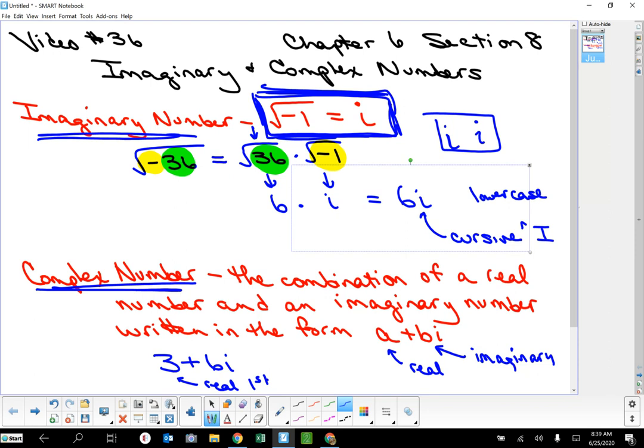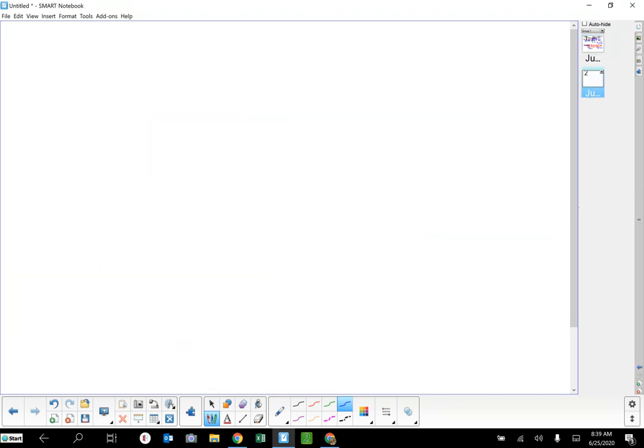All right, so I mentioned back up here, if you have a negative under a root, how you can deal with that. That's if it's a perfect square. Let's take a look at a couple other things that could happen. You could have the root of a negative number that isn't a perfect square. Well, let's do what I suggested.